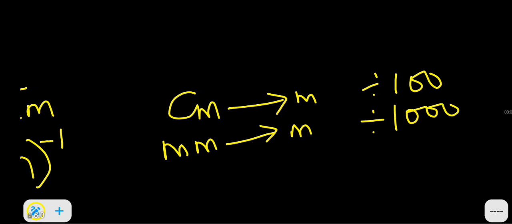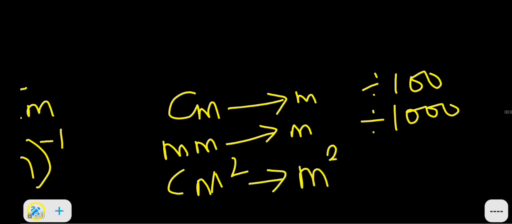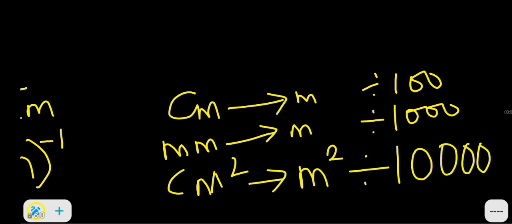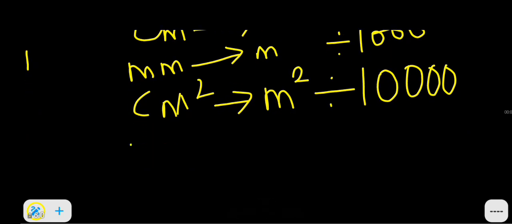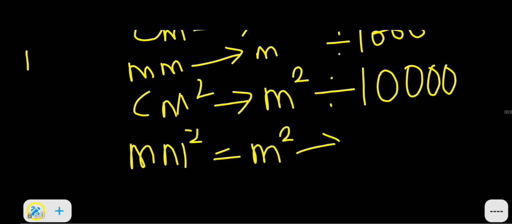If you are given the area in cm squared and you're planning to take it to meter squared, all you have to do is divide by 10 raised to the power 4, that's 10,000. And if it's in millimeter squared, and your intention is to take it to meter squared, all you have to do is divide by 1 million, that's 10 raised to the power 6. So everything is about division here.